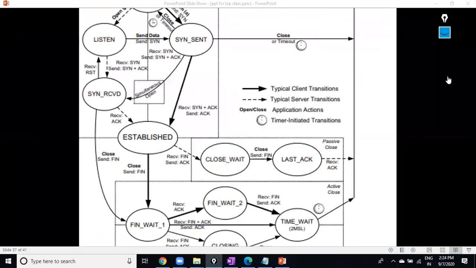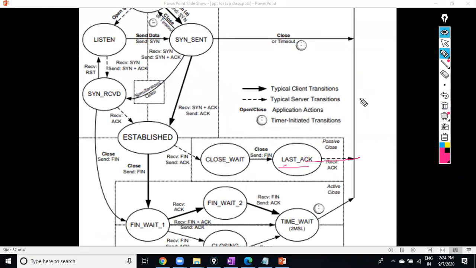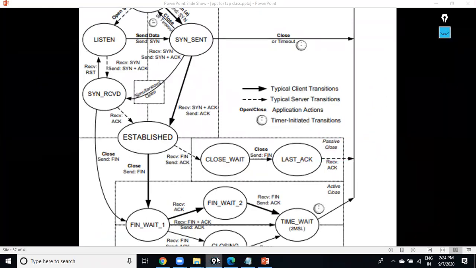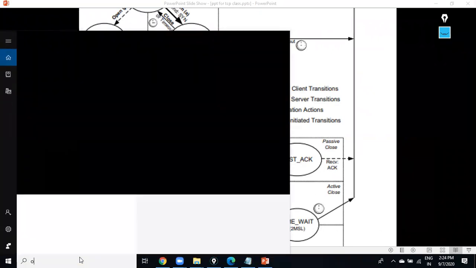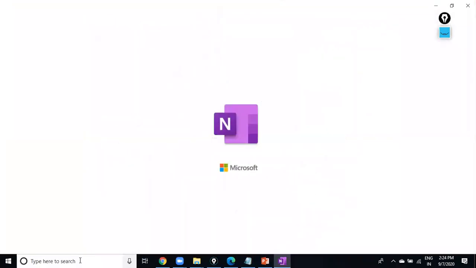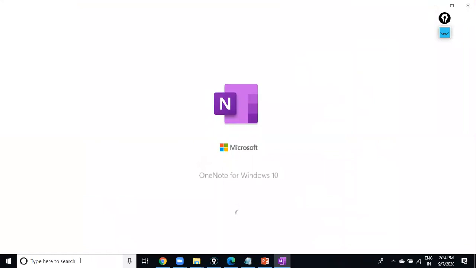After that, it will be in the last acknowledgement. That's it. This is about your passive close here. Okay, because we have now discussed all these things: passive, active open, active close, passive open, passive close.